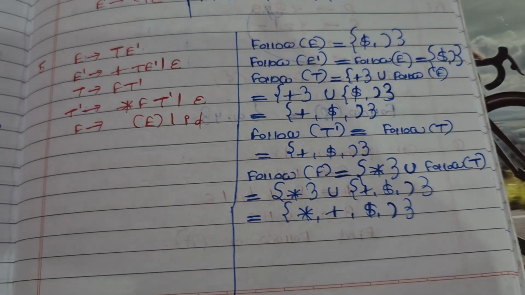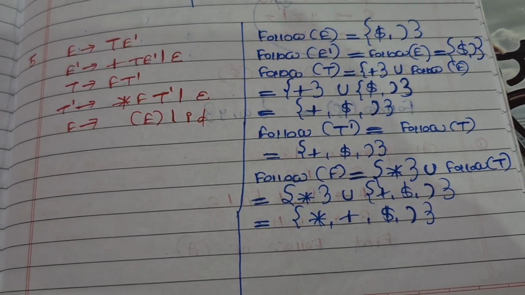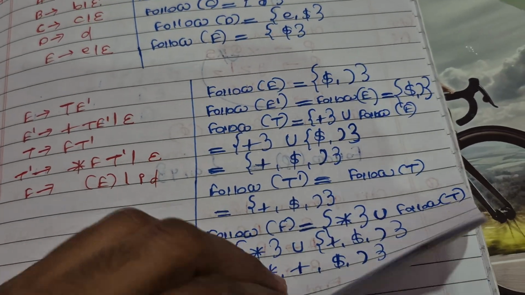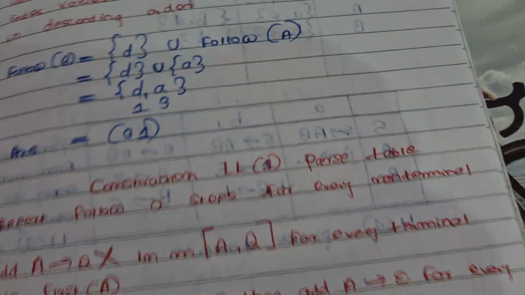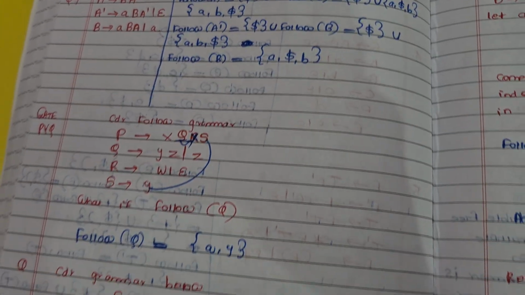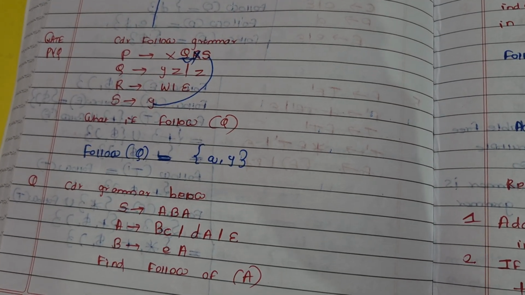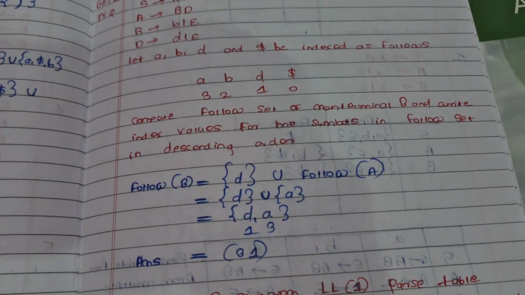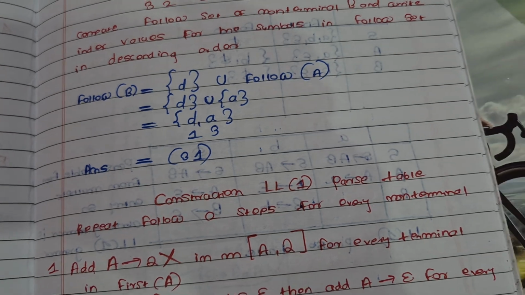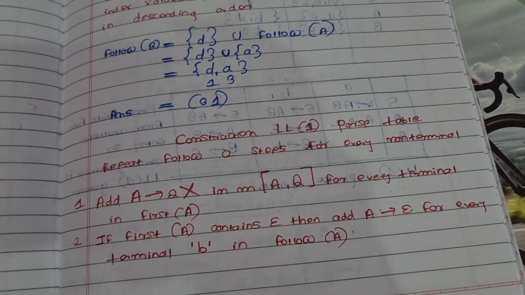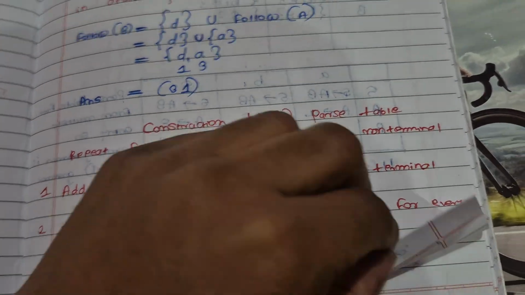From here I have started: follow, you need to find it. Again this was the question, you need to find follow of A, GATE PYQ. Then construction of LL1 parse table, repeat follow steps. These are some steps while constructing the LL1 parse table.